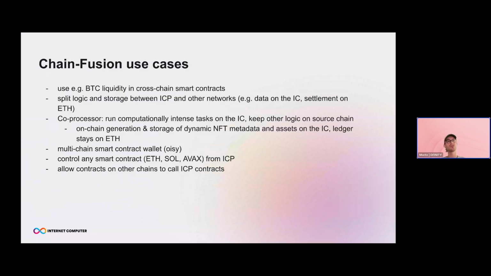And then you could also control any smart contract on chains that support ECDSA signatures from an Internet computer smart contract. And you could also do this the other way around. So you could let smart contracts on other chains call into or control canisters on the Internet computer.